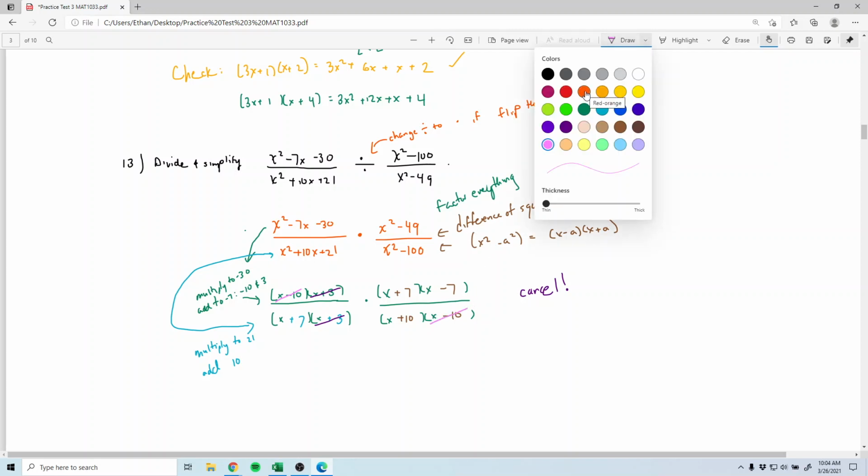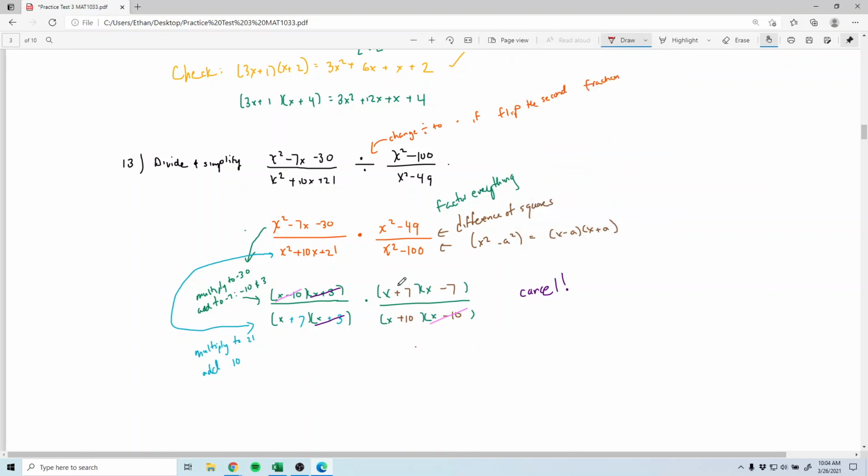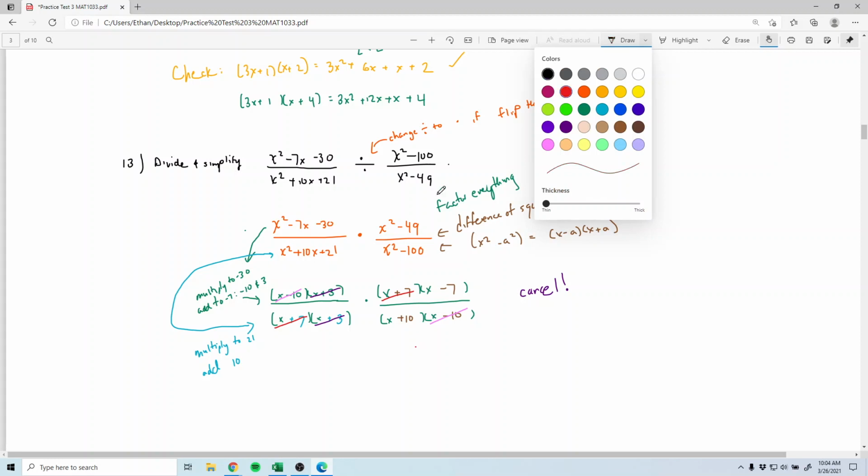And I just like to go across the numerators, see what cancels and what's left. X plus 7, do we have anything to cancel out with? We do. There's an x plus 7 down here. And then what's left? X minus 7, does that cancel with anything?